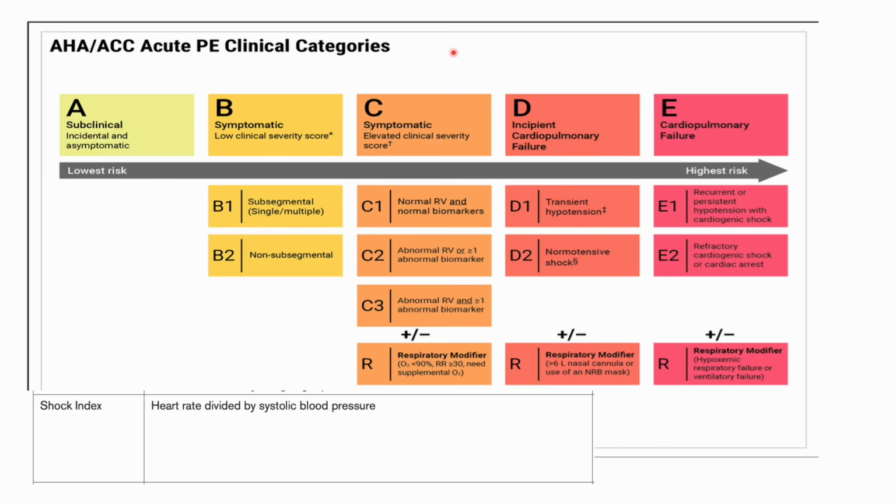This will help us define whether the patient has a transient hypotension which responds or not. Again, the importance of shock scores is very important, and a shock index has also been given by the guideline paper, which is heart rate divided by systolic blood pressure. So whenever we have higher shock scores, we are moving up the ladder of the clinical categorization.